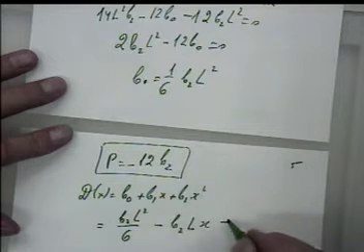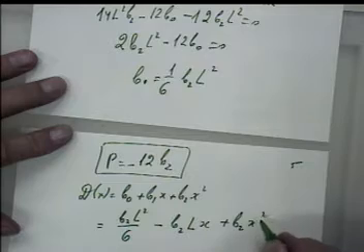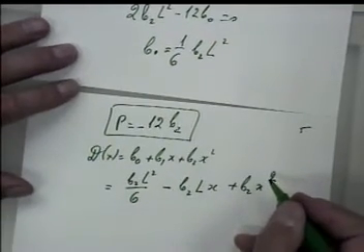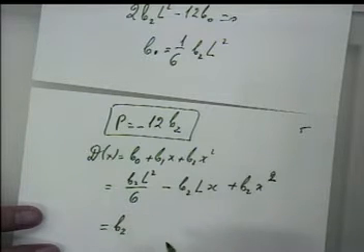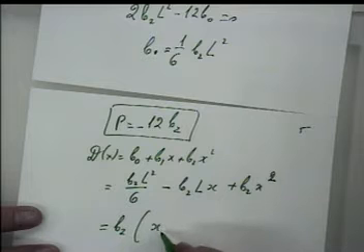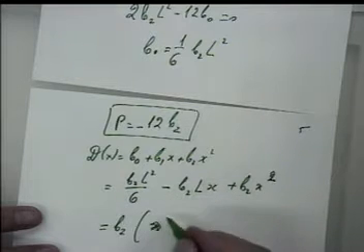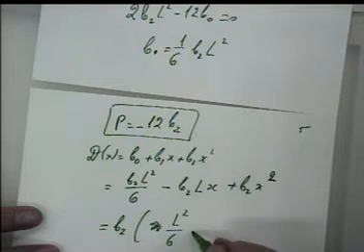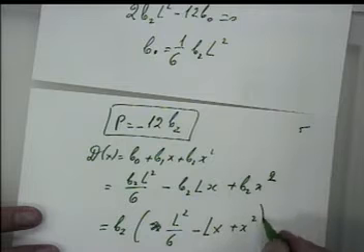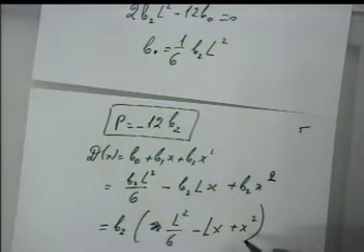And then there is plus b2x squared. Or that could be written as follows. b2 times, okay, let us start with this, and then it is L squared over 6 minus Lx plus x squared. Let me check. Yes.